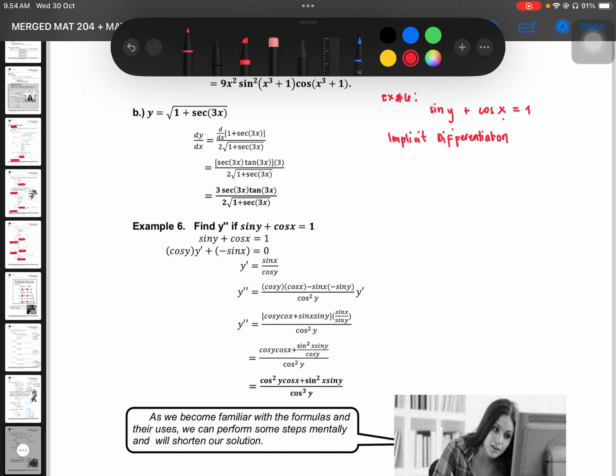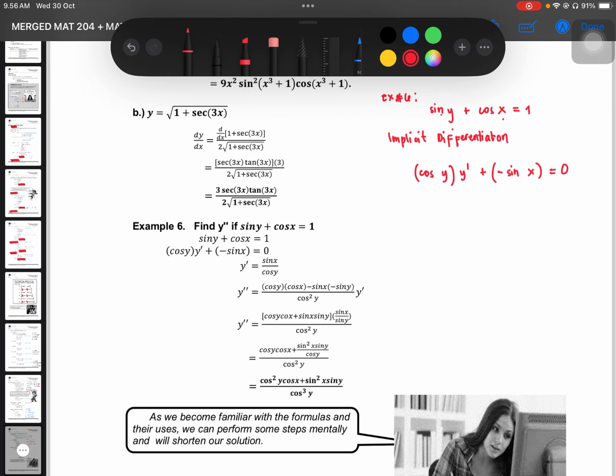Okay, so implicit differentiation. So what is the derivative of sine y? It is cosine y. Then, don't forget, since y yan, we have to write y prime. Plus, derivative of cosine x is negative sine x. Tama? Then, this is equal to 0.